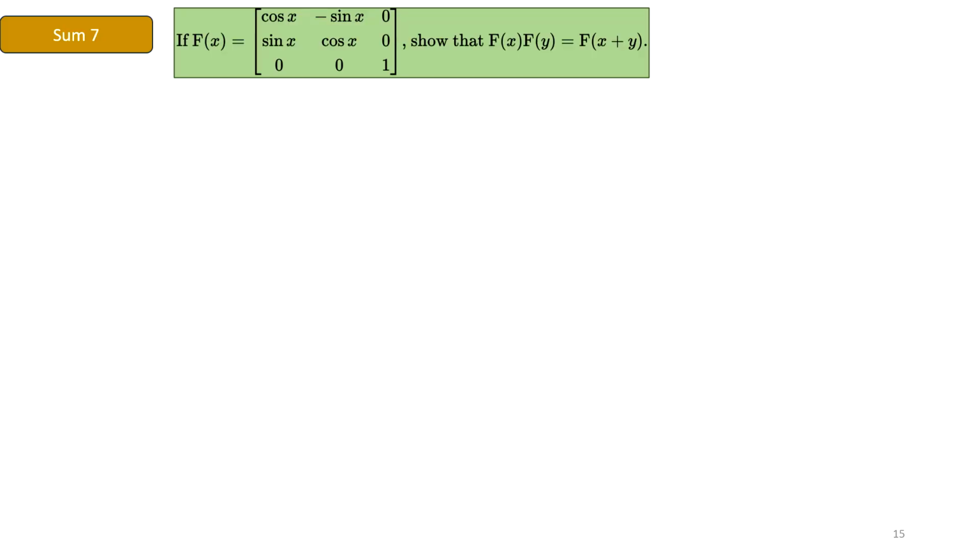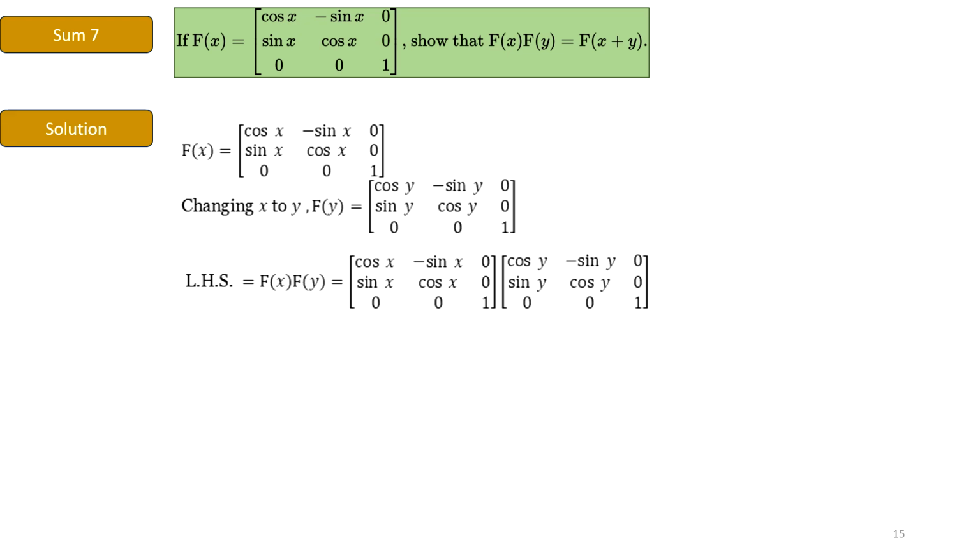Sum number 7. F of x is a 3 by 3 matrix with elements given in the problem statement. Prove that f of x multiplied by f of y is equal to f of x plus y. F of x is a 3 by 3 matrix with elements cosine x, minus sine x, 0, sine x, cosine x, 0, and 0, 0, 1.